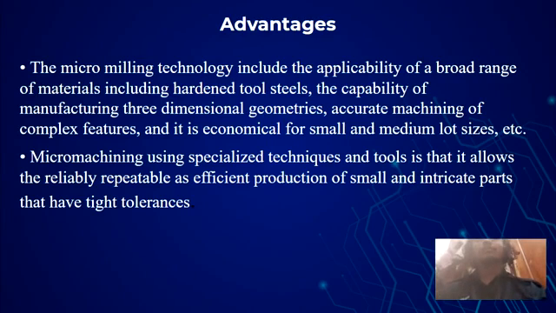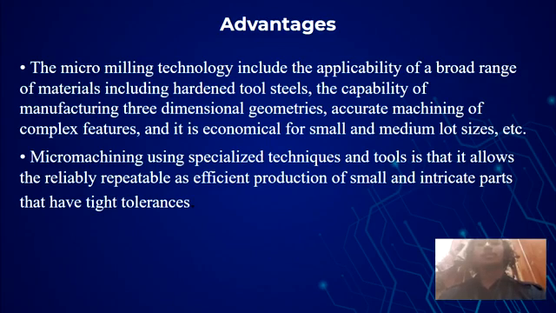The first one is that micromilling technology includes applicability to a broad range of materials, including hardened tool steel, the capability of manufacturing three-dimensional geometries, accurate machining of complex features, and it's economical for small and medium lot sizes, etc. Micromilling also uses specialized techniques and tools that allow repeatable and efficient production of small and intricate parts that have tight tolerance.